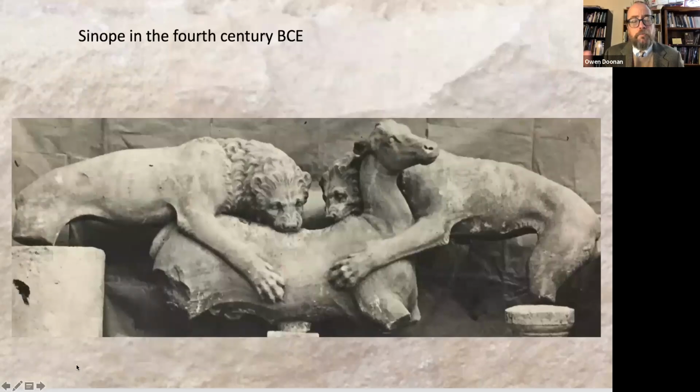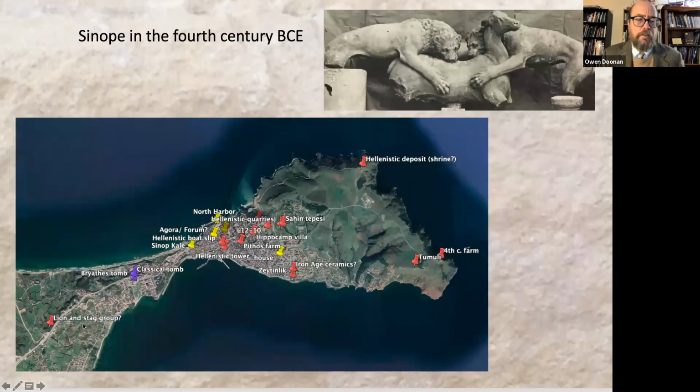And then switching to the evidence of the monumental tomb, this was most likely a pedimental sculpture from a monumental tomb. The tomb itself was actually found far out of the city. This has been published by Ludwig Budde back in 1963.